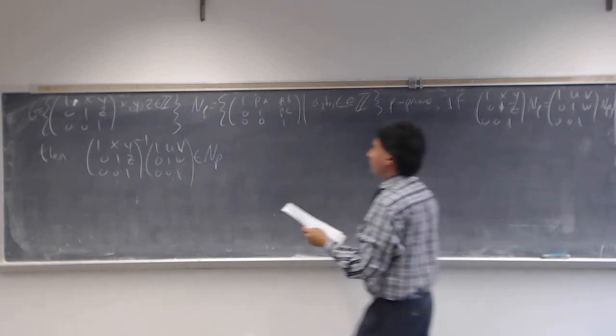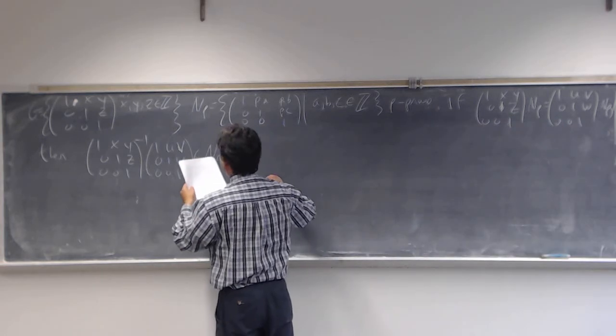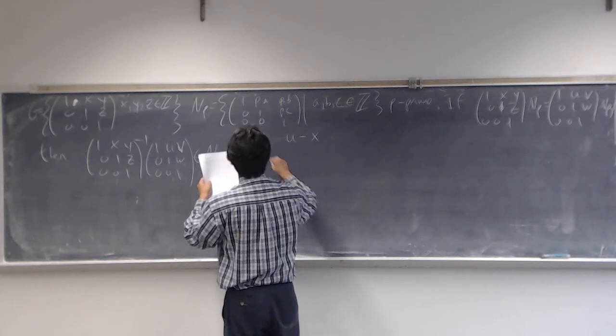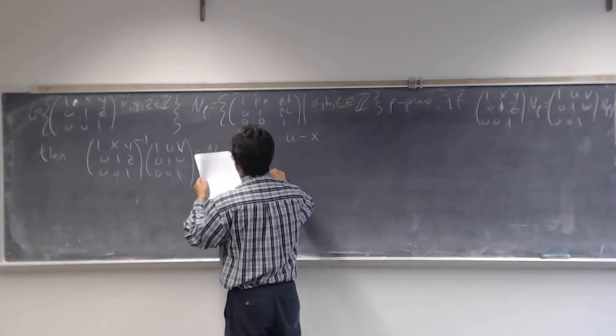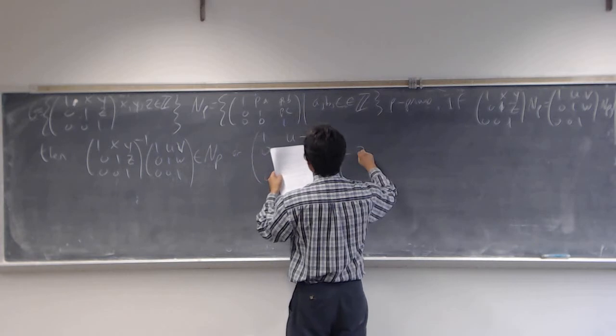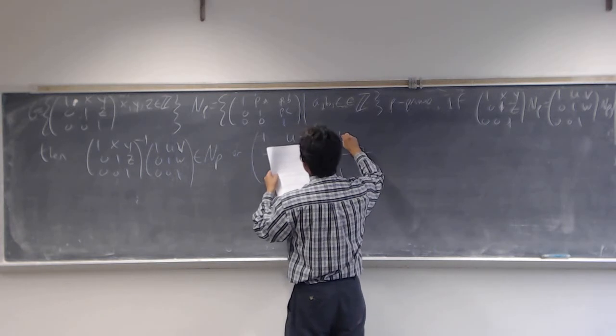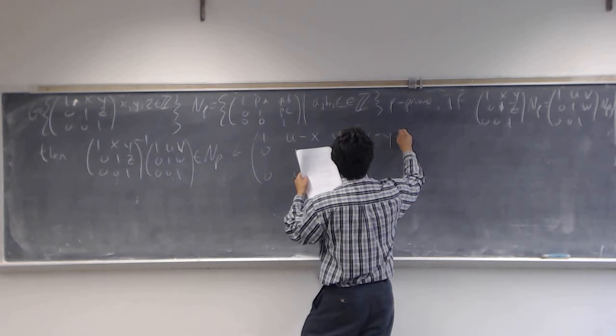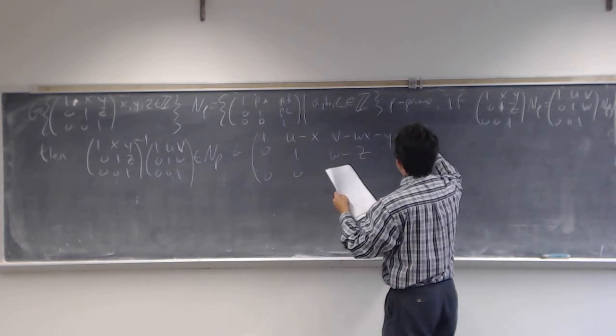So we calculate this. This gives us: 1, U minus X, W minus Z, and then V minus Y minus X times W plus X times Z, with zeros below the diagonal.